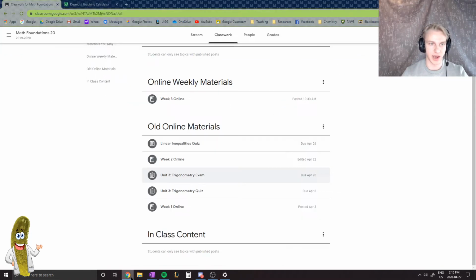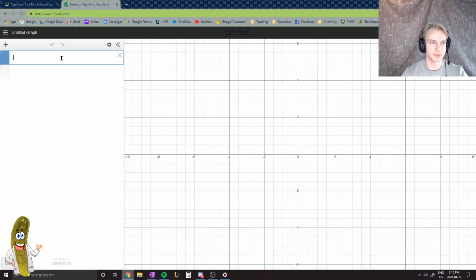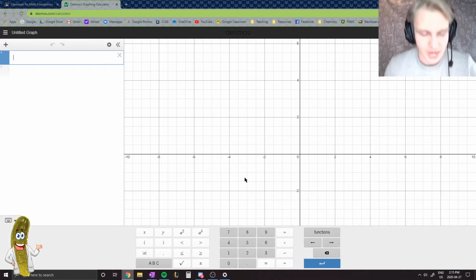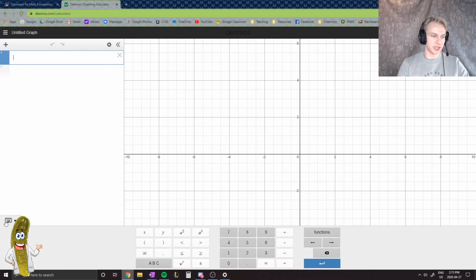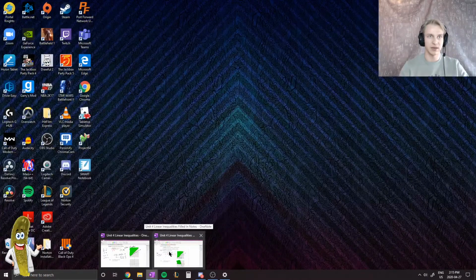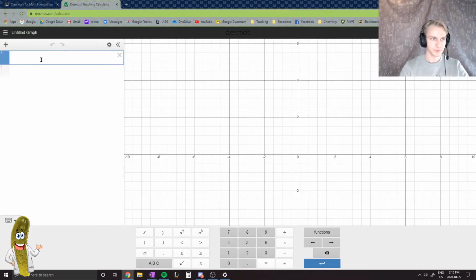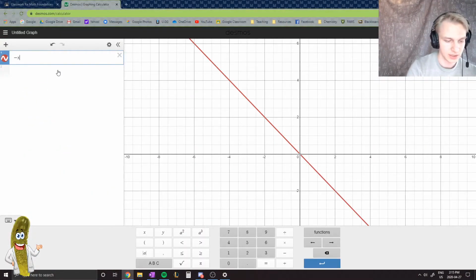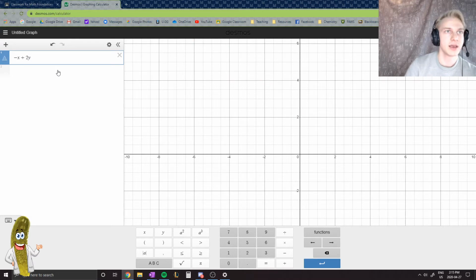Now I'm going to pull up a program called Desmos. This is a really great program if you want to check your solutions. You can pull up the little keyboard in the bottom left, and it'll give you a bunch of different symbols. The first equation we were given was negative x plus 2y, greater than or equal to negative 4.